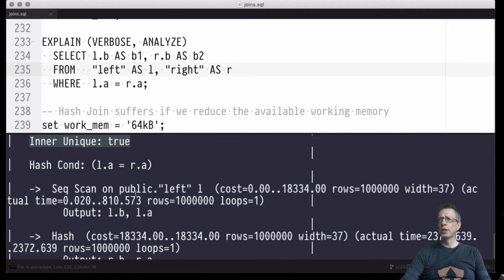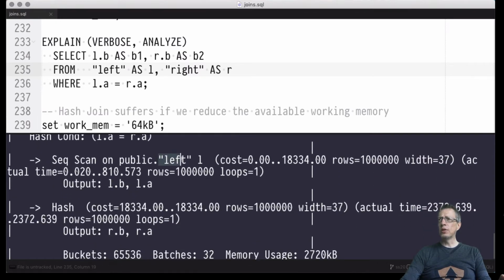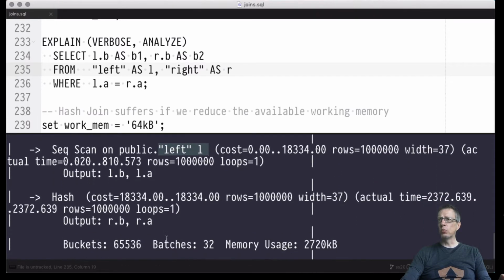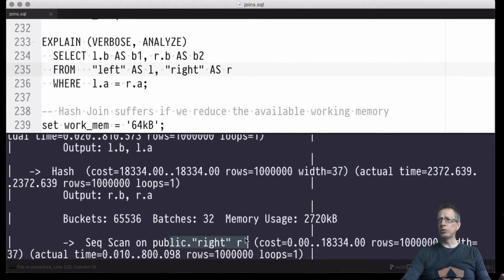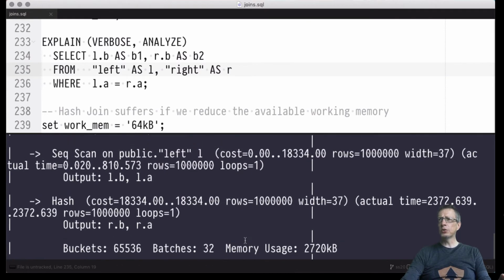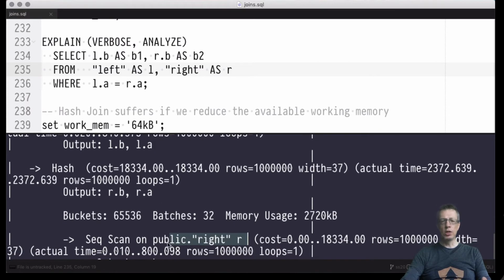All right. So you see, the left and right tables will deliver their input into this hash join. But as you can see, no mention of the indices. We are performing sequential scans on the left and right hand side table. Hash join is one of the join algorithms that cannot exploit the presence of indices.